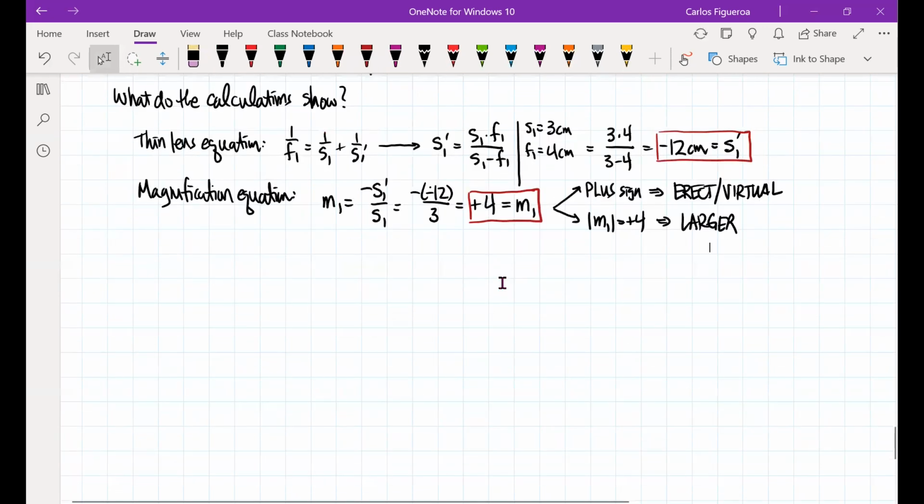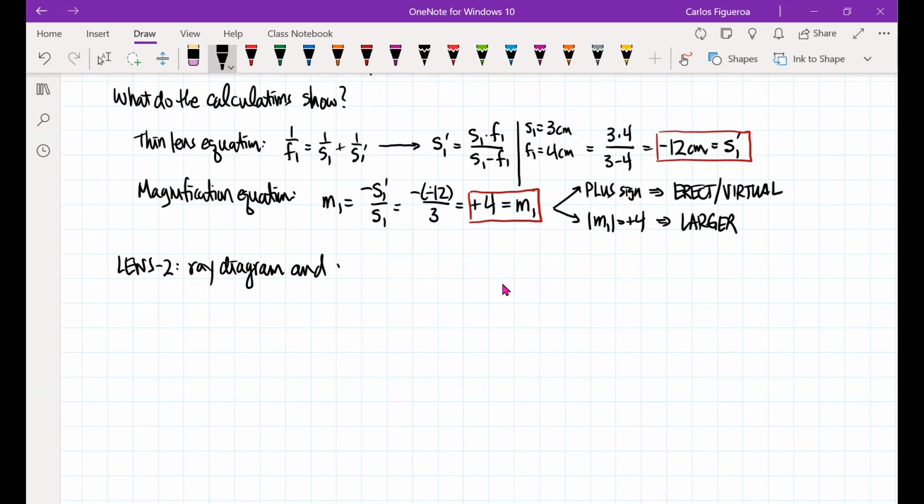Now let's go to lens 2. So now we're on lens 2, and again, we'll do a ray diagram and calculations.